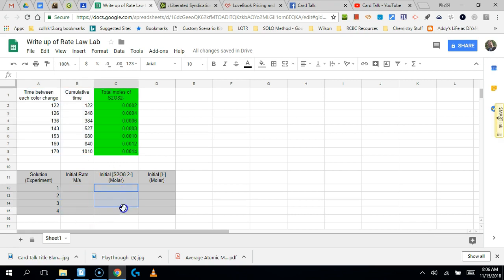Then we have to calculate the initial concentration of the peroxysulfate ion and the iodide ion, which we can do fairly straightforwardly using the dilution formula, M1V1 equals M2V2. Then, once we have that information, we can do a method of initial rates problem to determine the orders of the reaction. So maybe we should write this out.